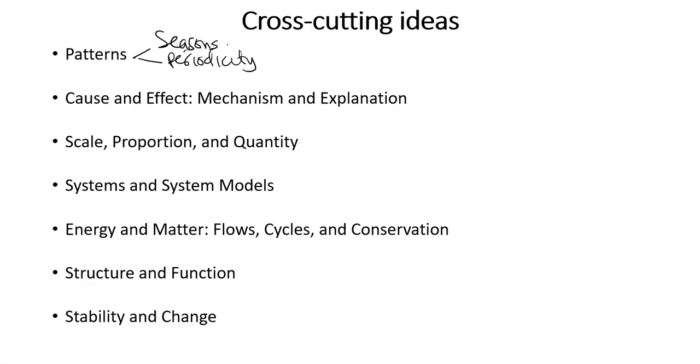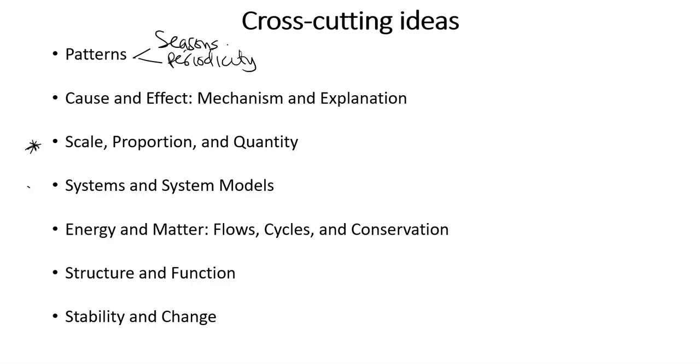What are the effects of different seasons? What are the causes of diseases? That is in biology. What are the effects of specific diseases? So we talk about scale, proportion, quantity in all the sciences that we deal with.